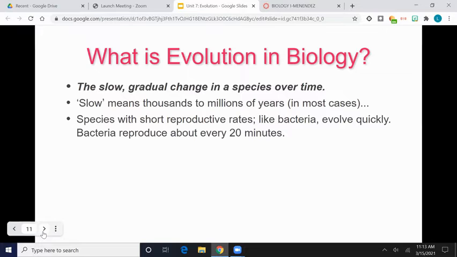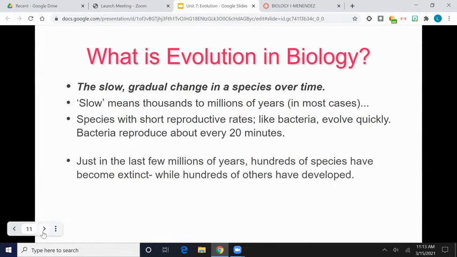We can actually see evolution in bacteria nowadays, especially with antibiotic resistance, where bacteria see these antibiotics and learn to fight them off really quickly. That's why we have to keep making new ones.